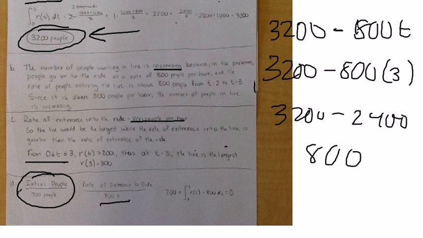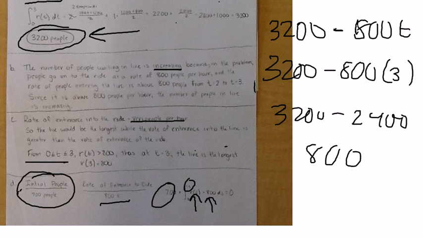So we do the initial, which is 700, plus the rate of entrance into the line, which is R of t, minus the rate of entrance to the ride, which is 800 at any given t.